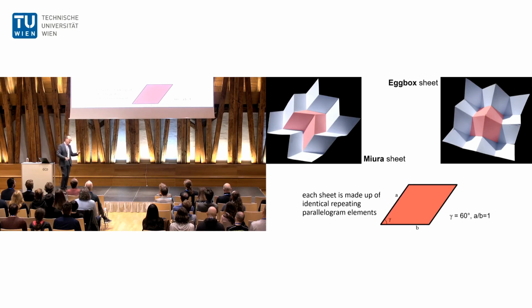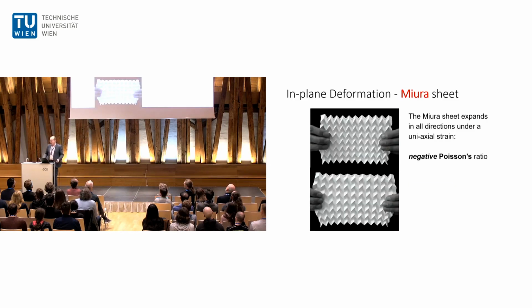So the work we were doing here was now quite a different piece of work. It was to say, if you were thinking of these structures, these folded sheets of structures, then they have some very interesting properties. So the Miura sheet is an example of what is sometimes called an auxetic structure.